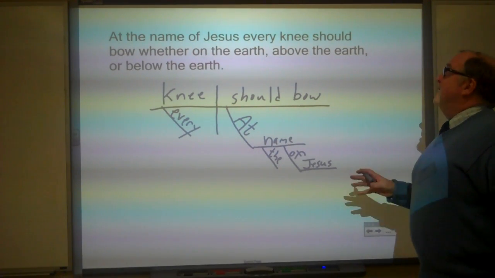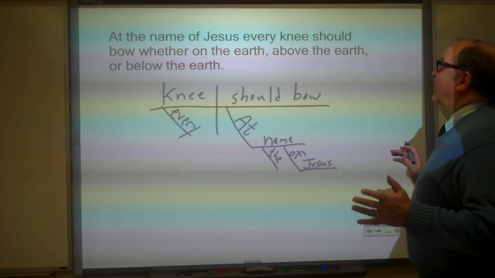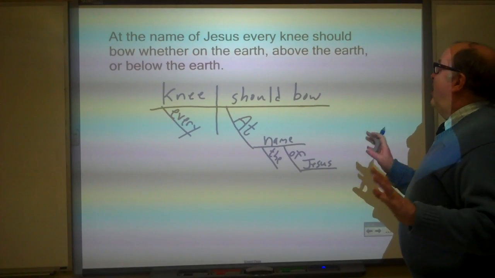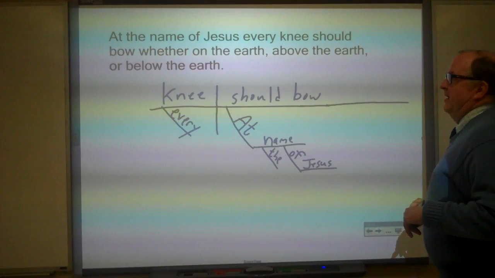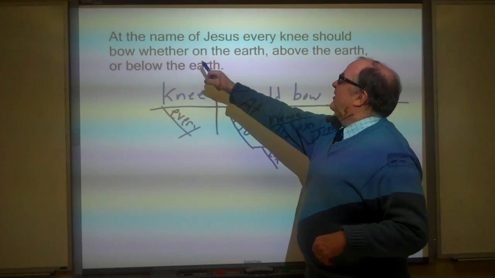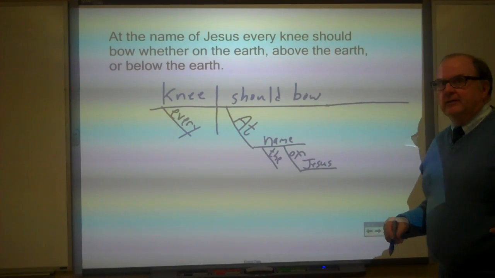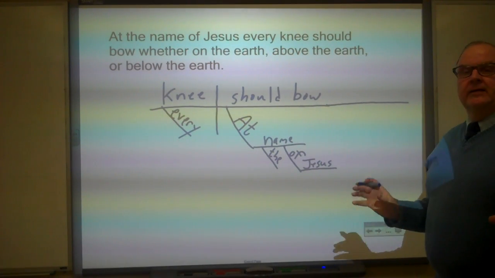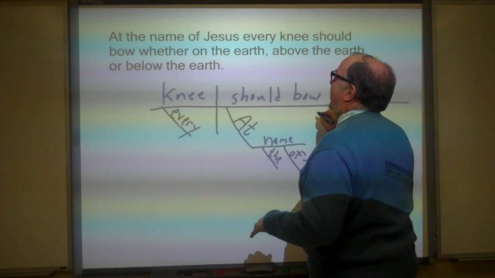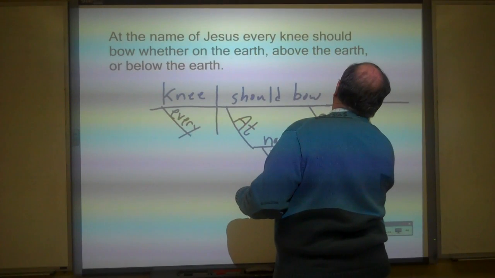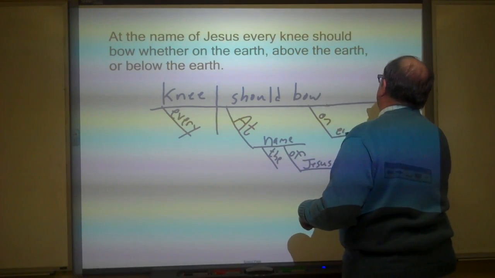Whether on the earth, above the earth, or below the earth answers the question, where? Also modifying the verb, only instead of saying when they're bowing, where they're bowing. Notice in this case, there is a conjunction joining the three prepositional phrases. So we have on, earth.